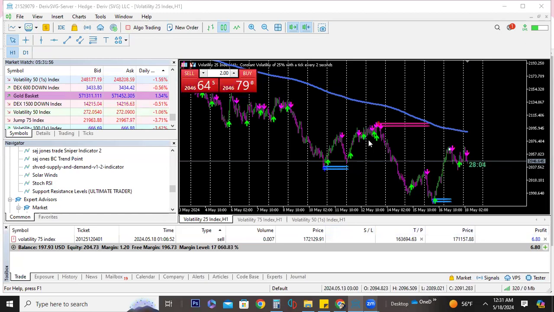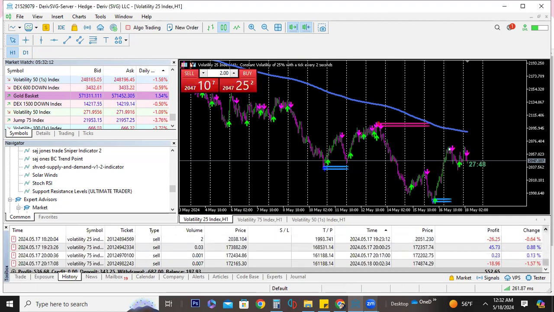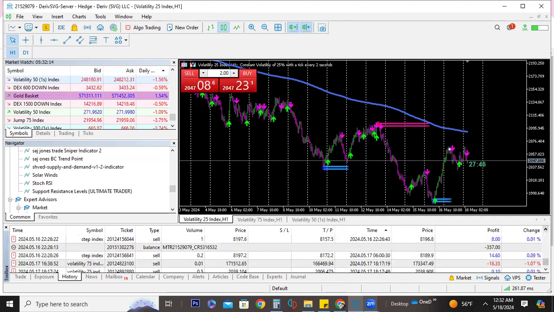So right now we have a synthetic indice account open right here. As you can see, I'm floating $6.46 in profit. I did a withdrawal the other day of $354, I believe. Let's look here. Yeah, right here, I did a withdrawal of $357.